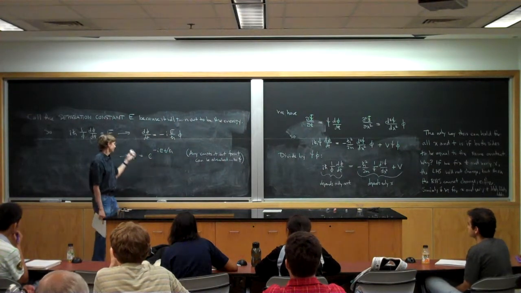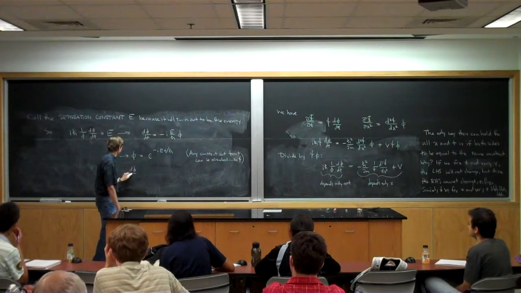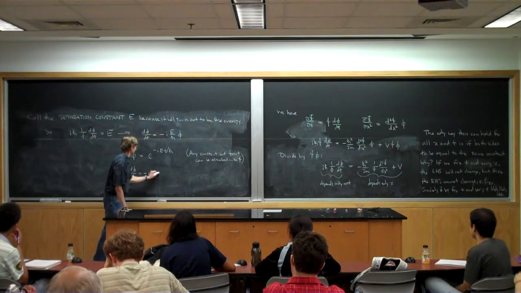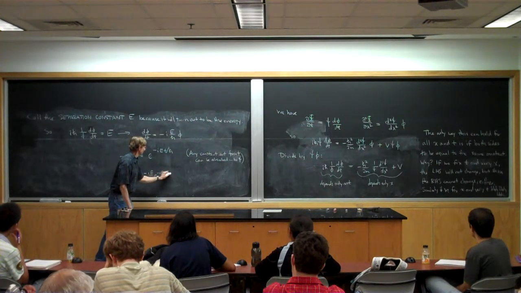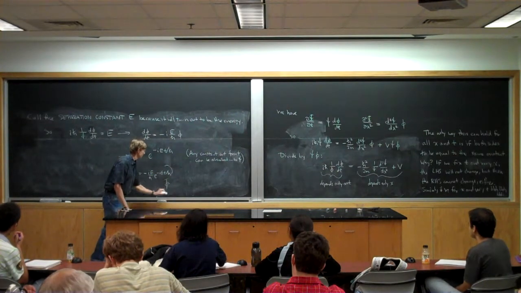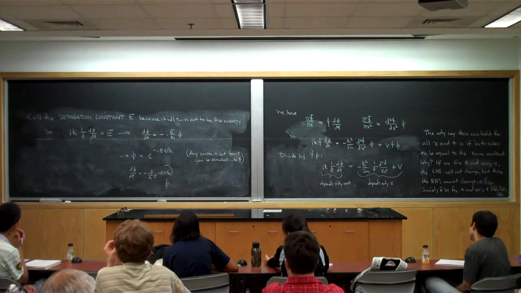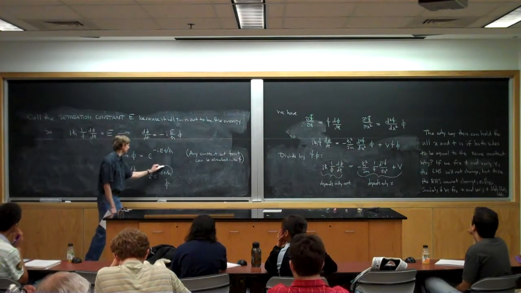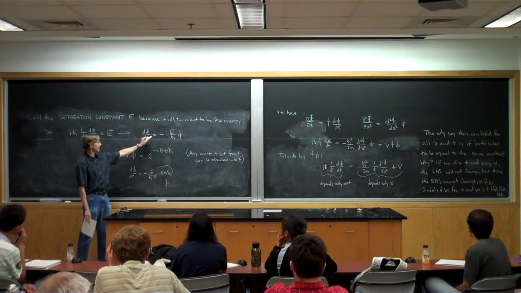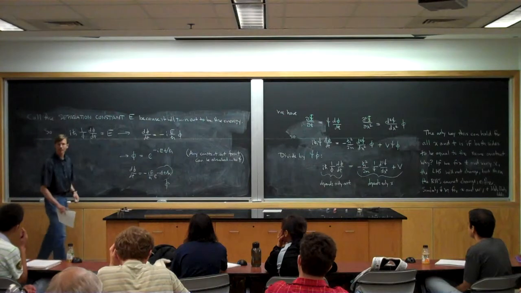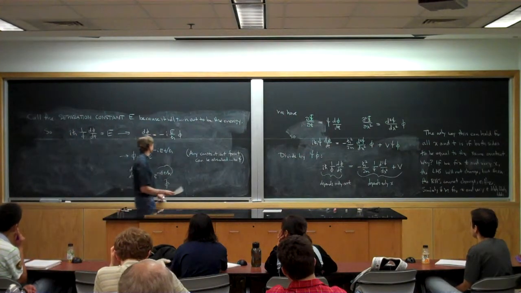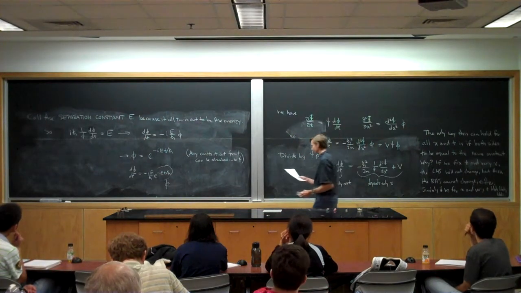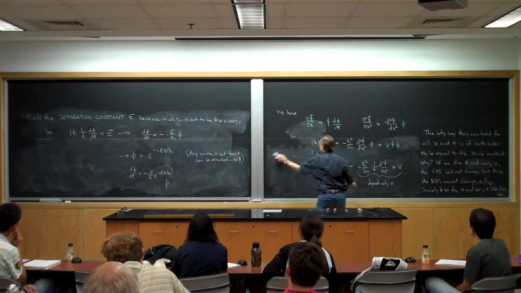So d phi dt is minus i E over h bar times phi itself. So voila, the time dependence must be of the form e to the minus i E t over h bar. Okay. Any questions?